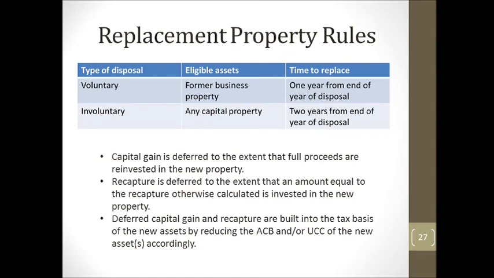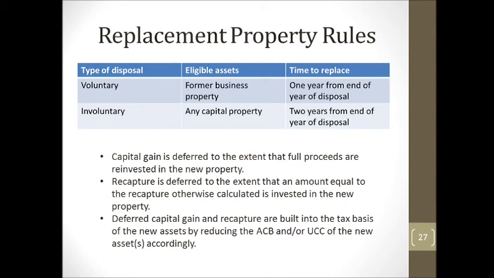Let's look at the first type of disposition listed here, which is a voluntary disposition. Now often this relates to a situation where a business, let's say, is relocating from one location to another new location, and let's say they sell the facilities or building in the old location, and the sale of those facilities or buildings in the old location could result in a capital gain and or recapture.